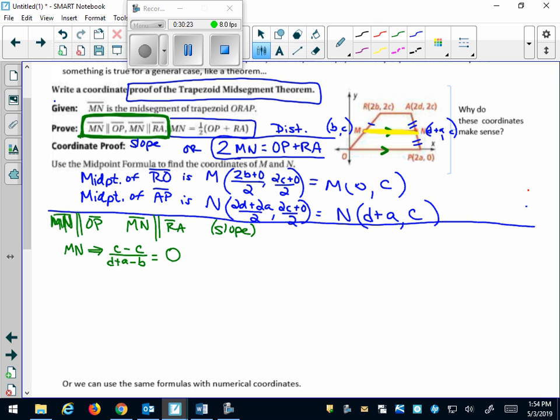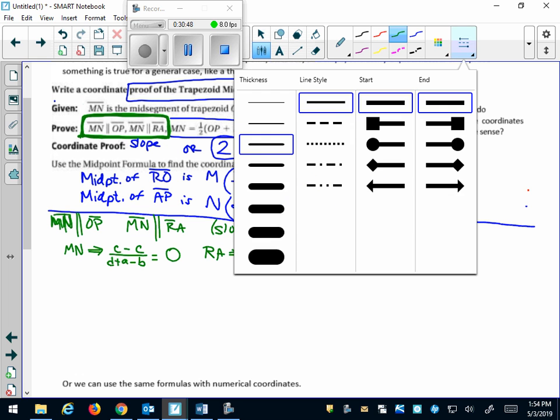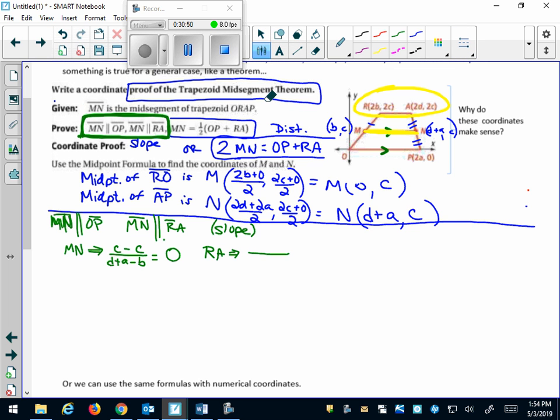Now let's find the slope of RA. Now we're up here again using those two ordered pairs. And we have to do y2 minus y1. So we're going to do 2c minus 2c over 2d minus 2b.